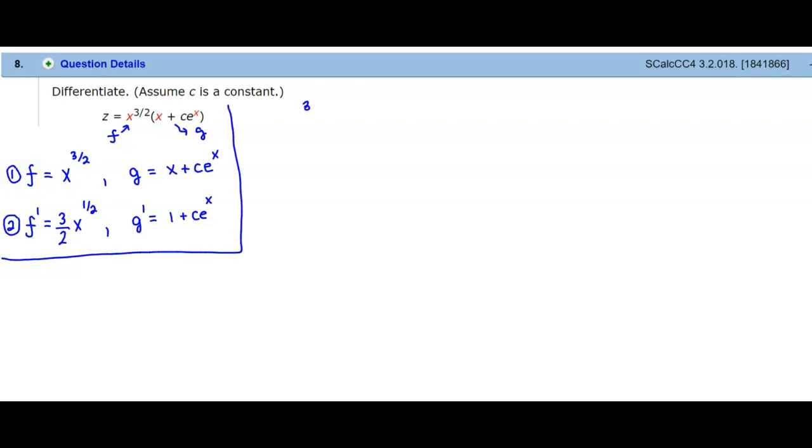So now we're going to use the product rule to find the derivative of z. So z prime is going to equal the function f times g prime plus f prime times g.